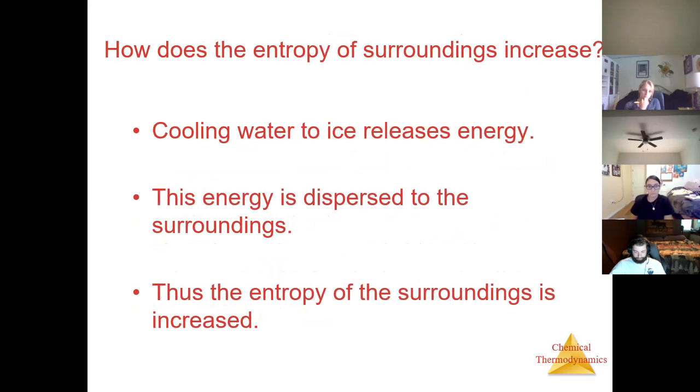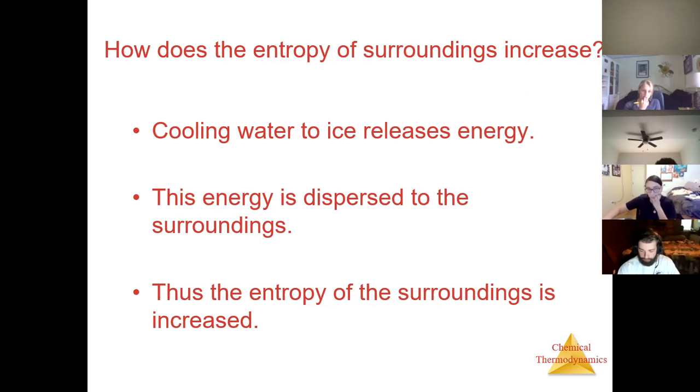So how does the entropy of the surroundings increase? When you cool water to ice, that releases energy. The ice has less energy than the water does. That energy has to go somewhere. So that energy is dispersed into the surroundings. The temperature of the surroundings increases.